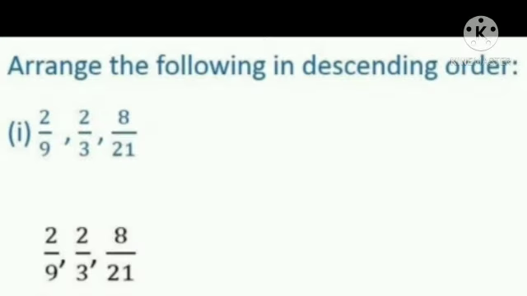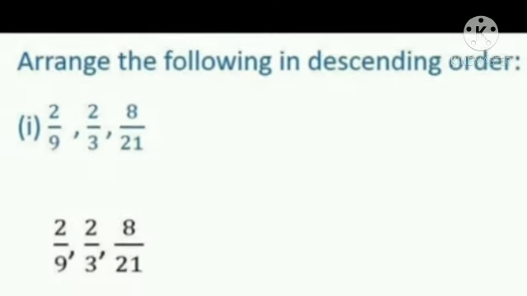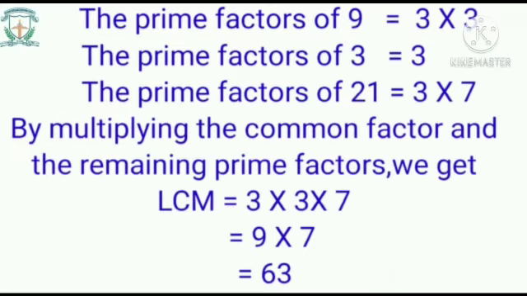Now, we are going to learn comparison of unlike fractions by converting into like fractions. Arrange the following in descending order: 2 by 9, 2 by 3 and 8 by 21. These are unlike fractions. Find the LCM of the denominators by prime factorization method. The prime factors of 9 is 3 into 3.